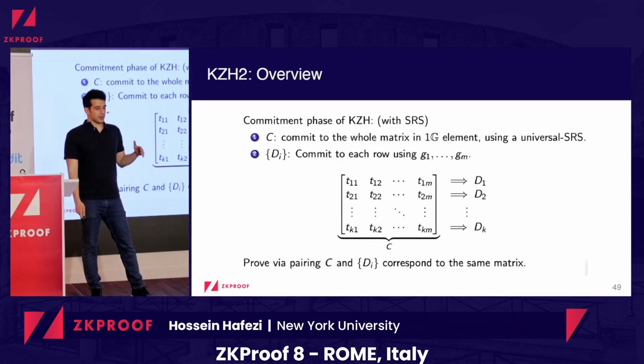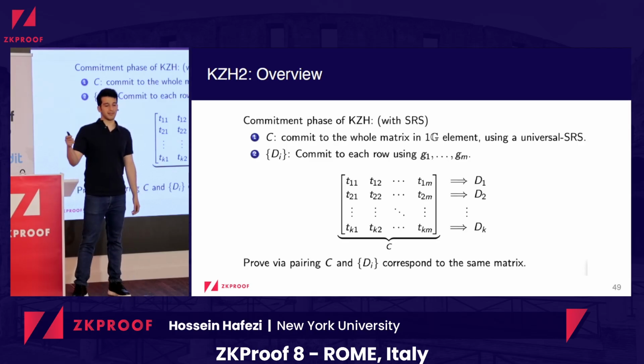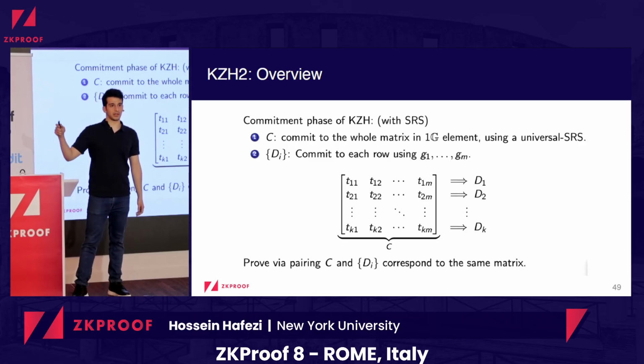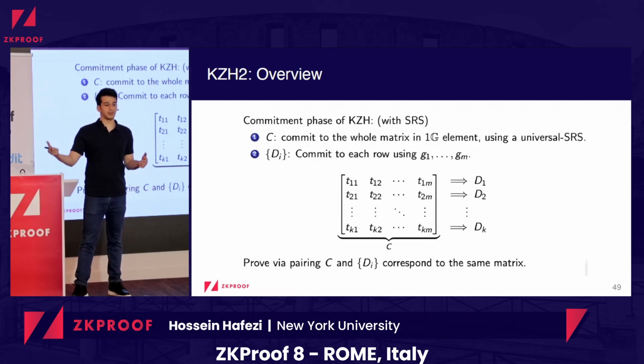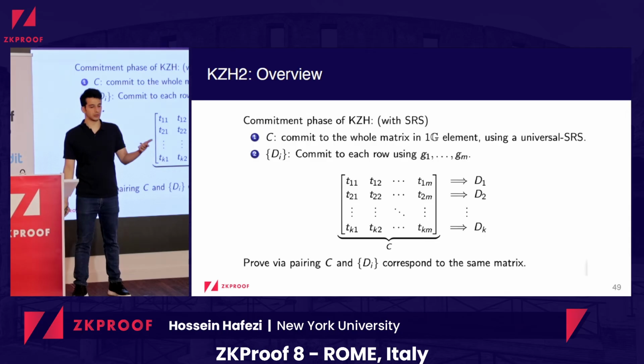So, giving you an overview of KZH2, similar to Hyrax, we would put the polynomial coefficients or the polynomial evaluation points in a matrix. And then this time we have an SRS similar to the SRS of KZG, and we would commit to the whole matrix in one group element C. And then similar to Hyrax, we would also commit to each row separately as well. So we have this set of D_i's, which is one commitment to the polynomial, and then we have C, which is the actual commitment.